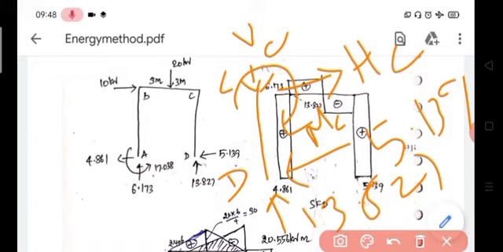Then apply the equilibrium equations of this segment.